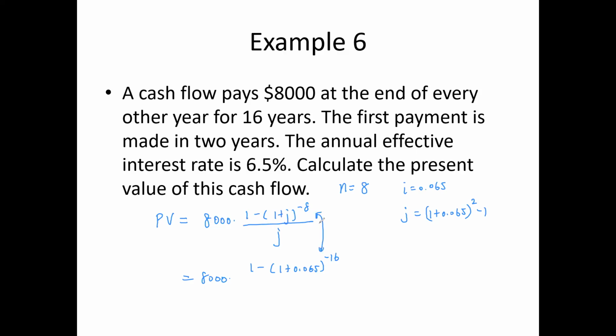If you plug in 1 plus j to the negative 8 and replace 1 plus j by (1 plus i) squared, you get this term, so that's no problem. And then j, I have to do 1.065 squared minus 1.